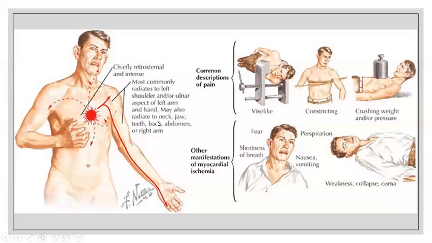It may also radiate to the neck, jaw, or back and abdomen. Common description of pain by the patient: my pain feels constricting, something is very tight over my chest, crushing weight or pressure.